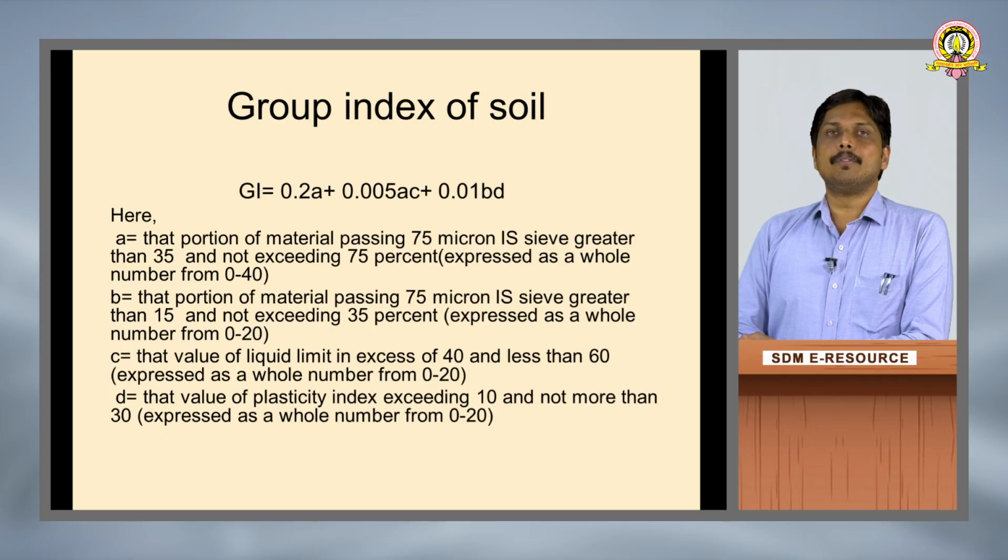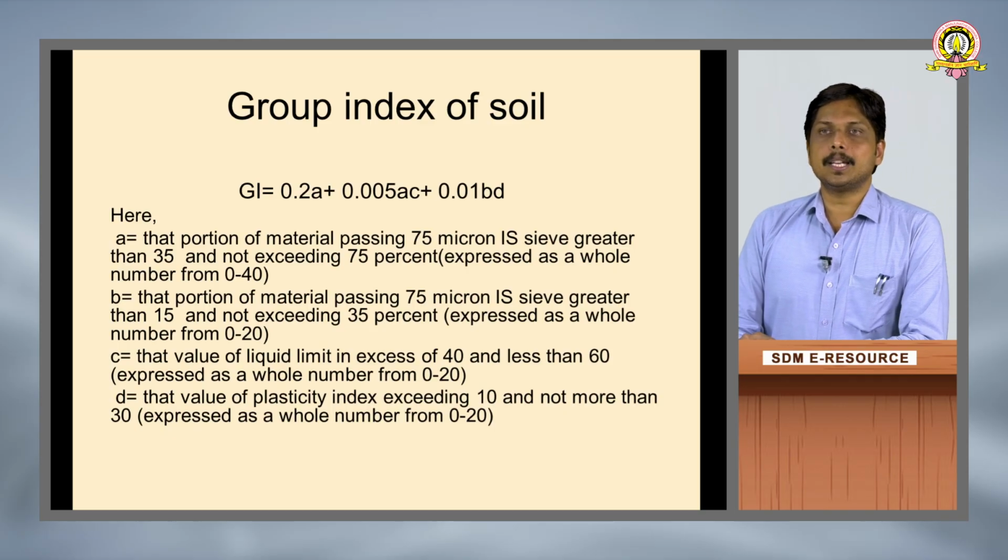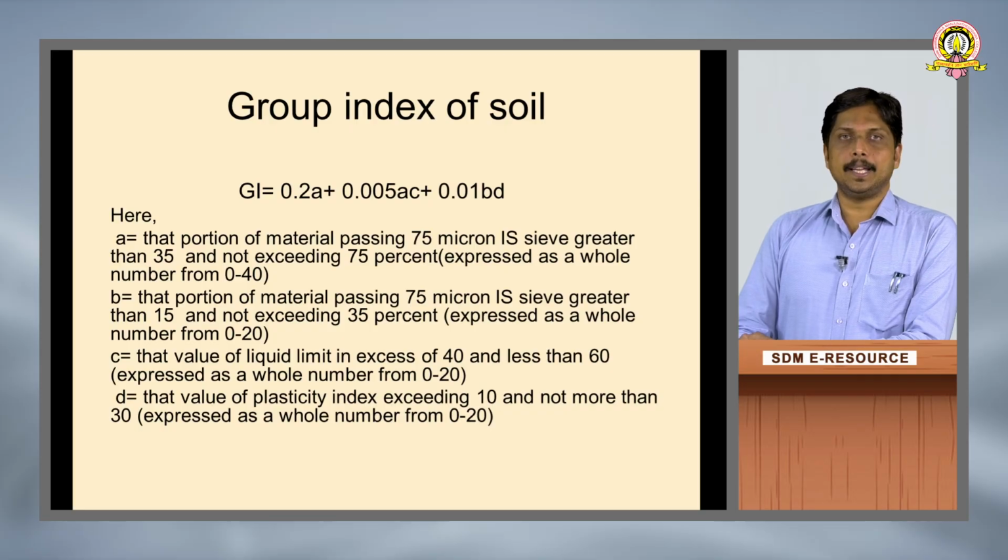Why? Because we are expressing it as a whole number between 0 to 40. If we are getting the value as 35, then the value of A will be 0. If we are getting the percentage passing 75 micron as 75, then the value of A will be 40.